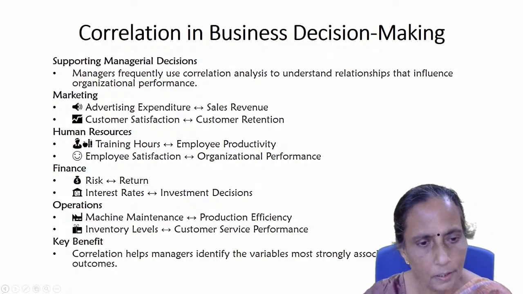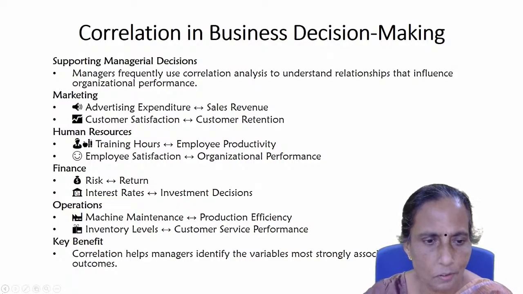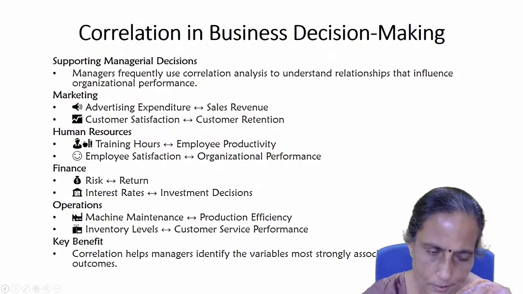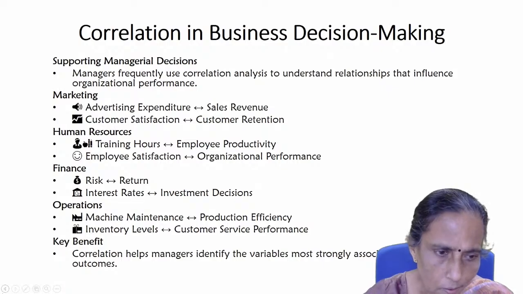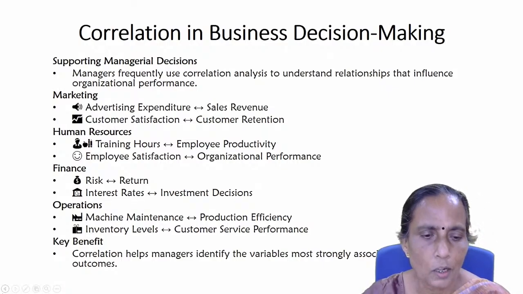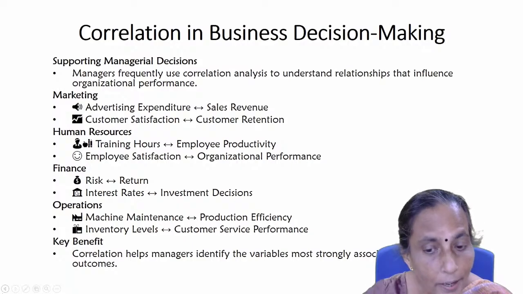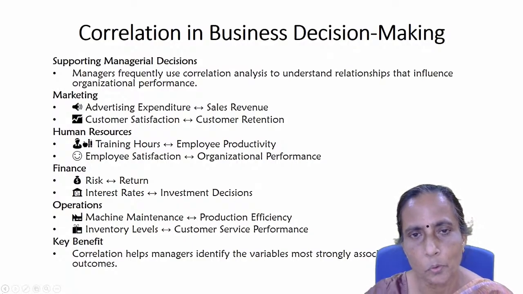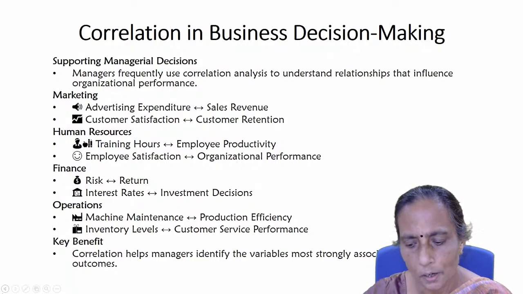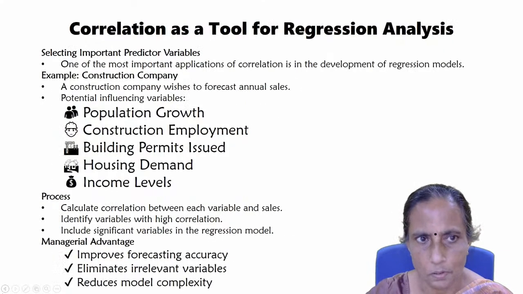In finance: risks taken and the returns received, interest rates and the investment decision. They all are related. So, key benefit: correlations help managers identify the variables most strongly associated with business outcomes.